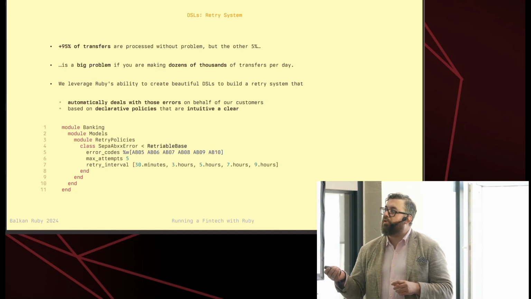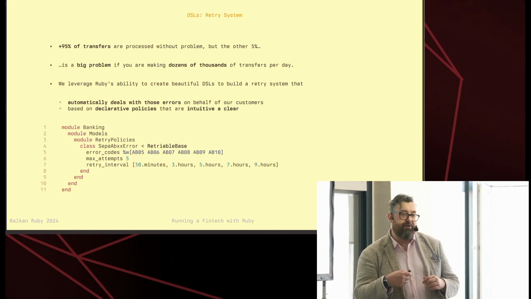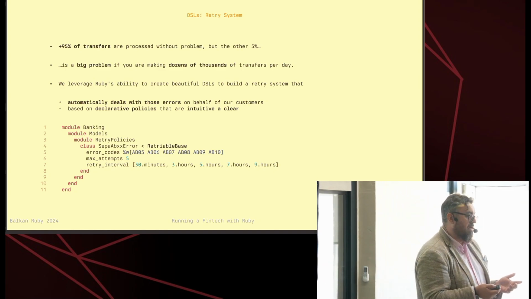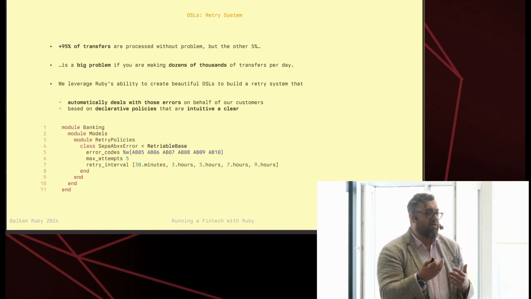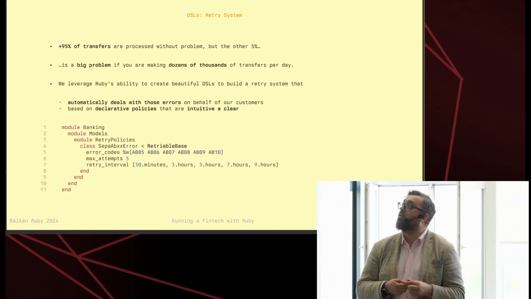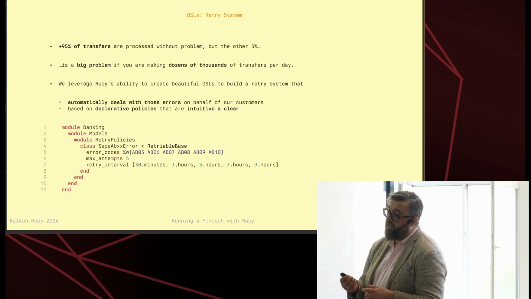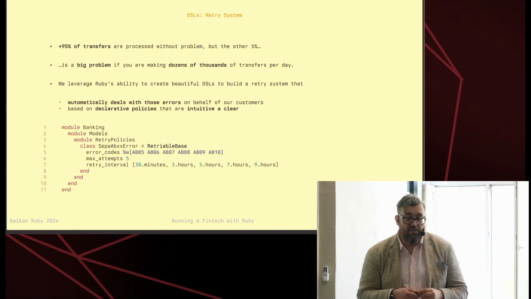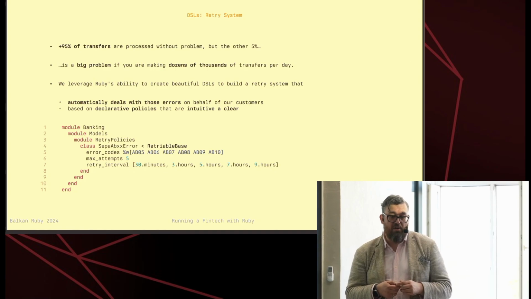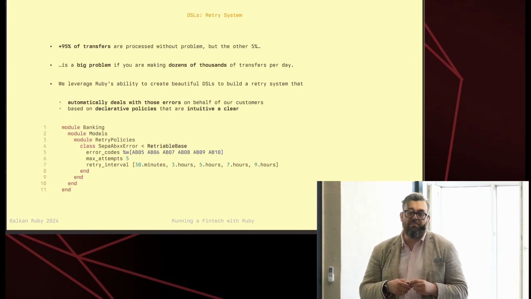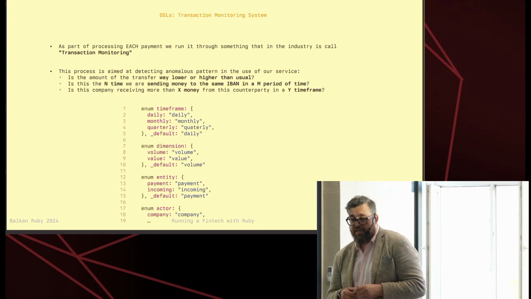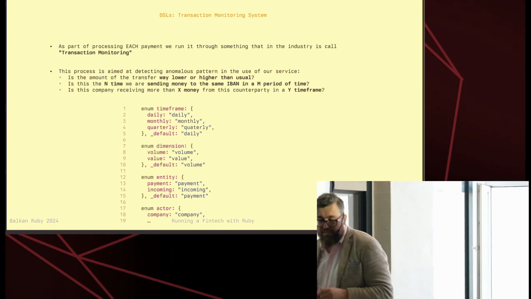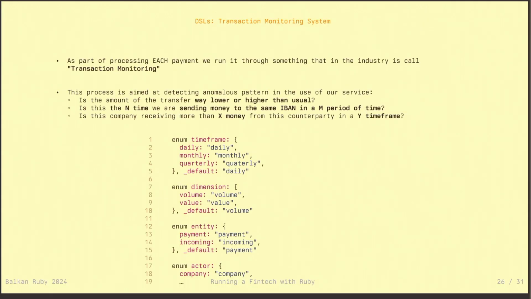And this is useful not only for us, it's useful for the people that work with us in compliance, or the people that have to have a clear understanding of what we are doing when it comes to retries, and it helps us to keep the business logic in focus without having to mess with the details. Another example of DSLs, again, I think Ruby's ability to create DSLs remains unmatched in most other languages.